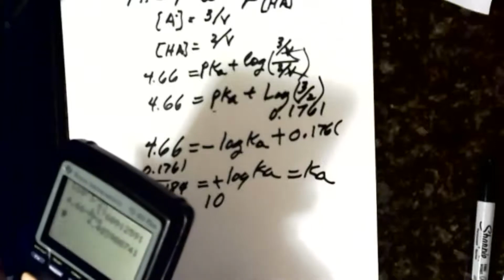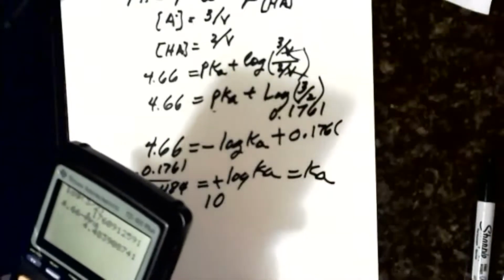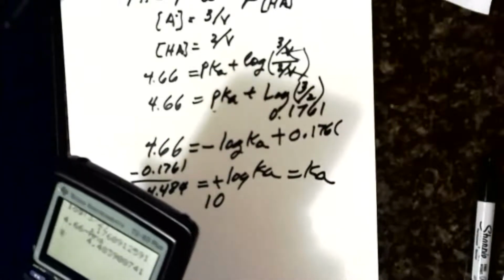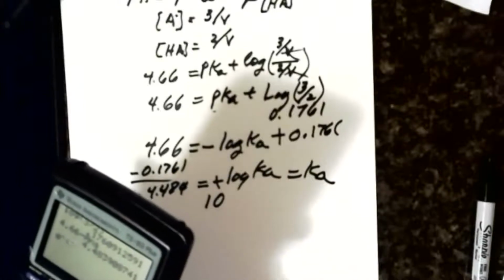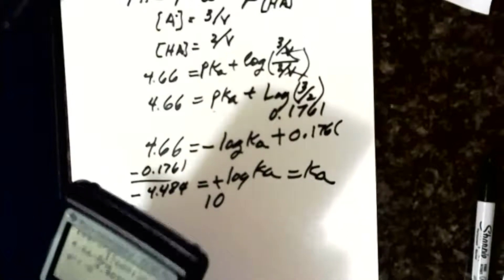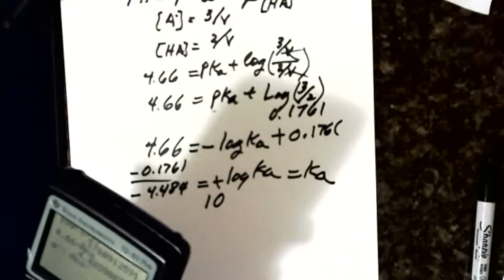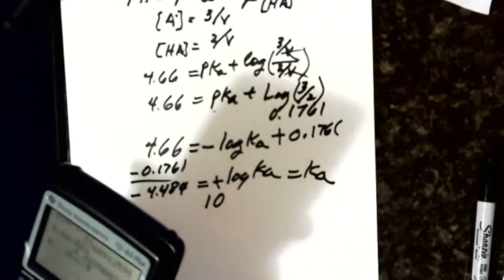I've got that number on my screen, so I'm just going to say second 10 to the x, negative second answer. Now, that should give me the number I need.